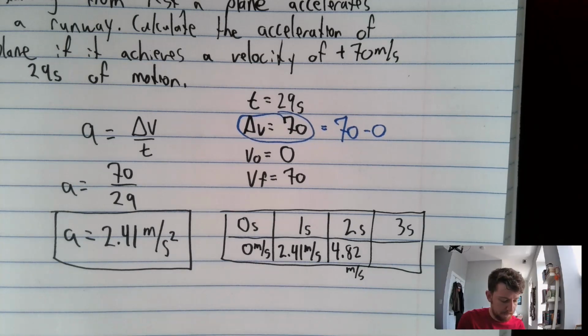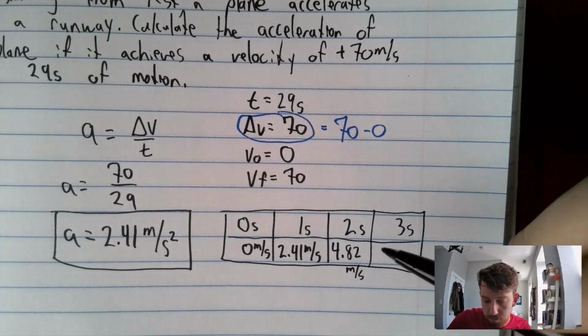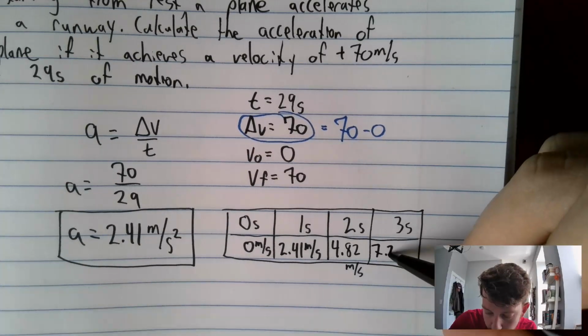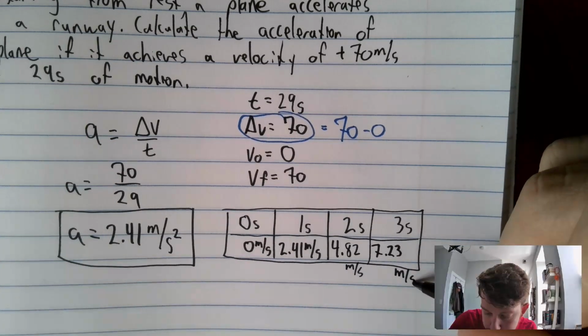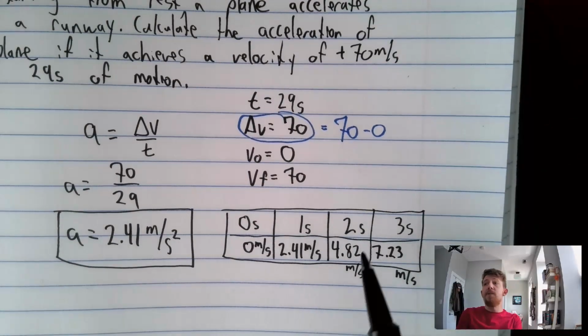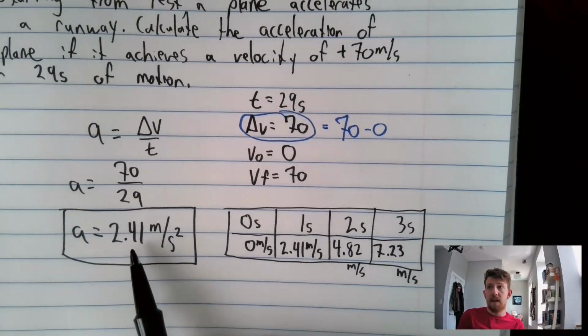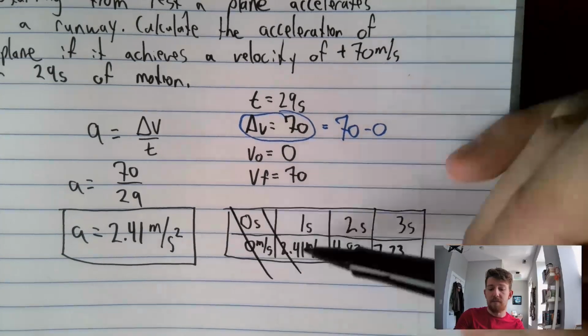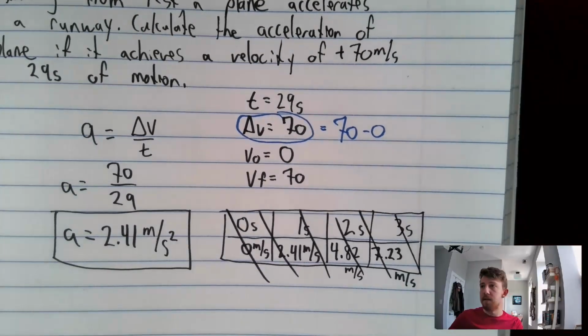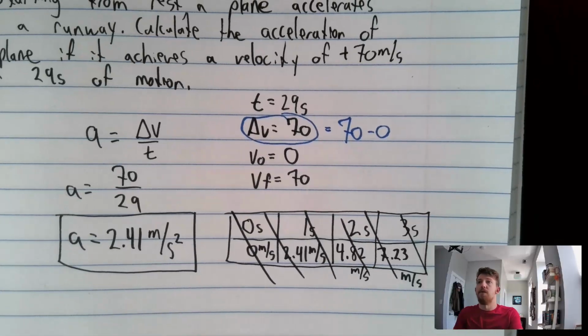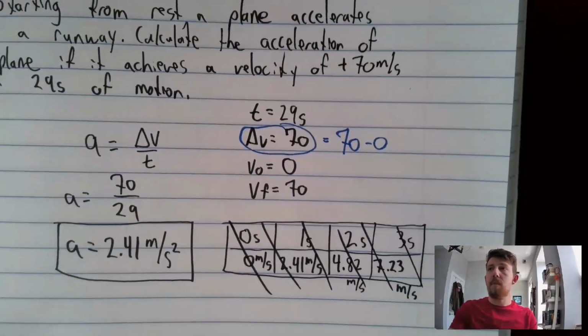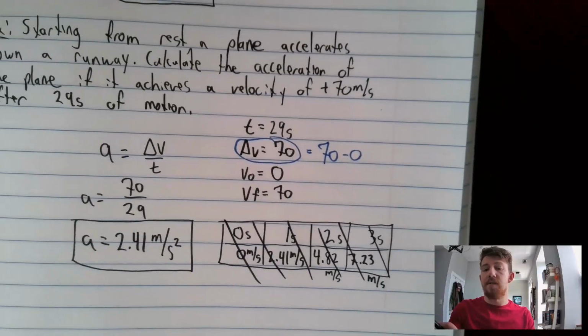Let me double check. 7.23. So we're gaining 2.41 every second. If you calculated this fine, don't worry about this stuff. This is not part of the answer, that's just my little tangent, which I tend to do. Okay, that's about as basic as the calculations can get.